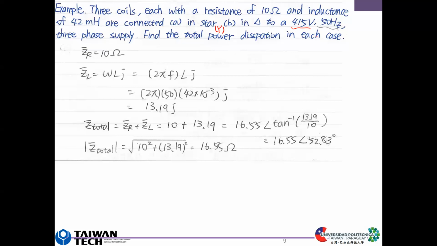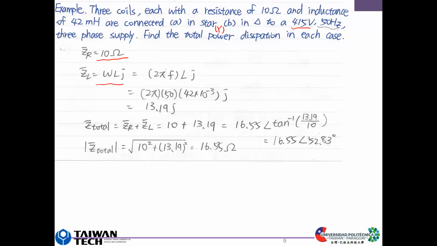Okay, in this case, first we need to calculate the impedance of the load. The load consists of a resistor and an inductor.